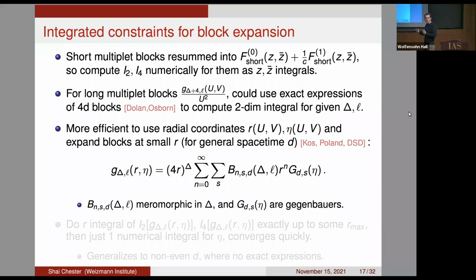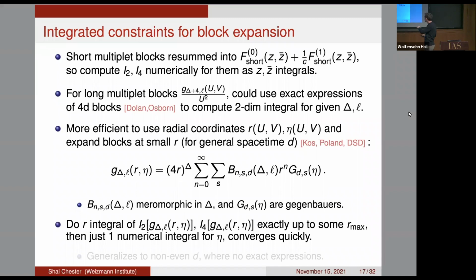And so this makes your life a little bit easier if you're going to be doing integrals for many values of delta and spin. A couple of details about this block expansion is that the coefficients at each order in r consist of meromorphic functions in the scaling dimension, which are what these B's are, as well as Gegenbauer polynomials, which capture the dependence on eta. And so these will be a little bit important for some of the technical details going forward.